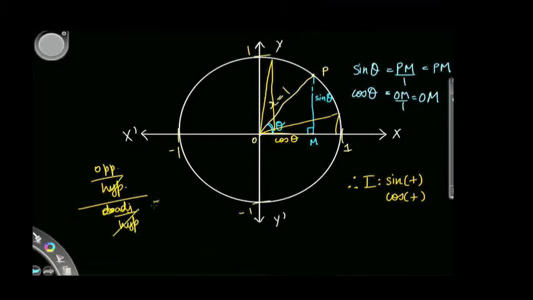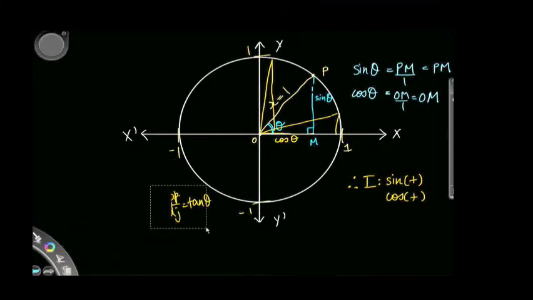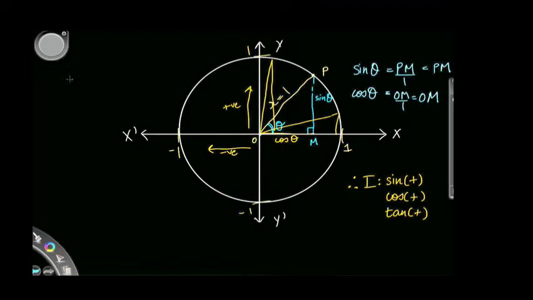So hypotenuse cancels, which gives opposite by adjacent, which is equal to tan theta. Therefore, tan theta is equal to sine theta by cos theta. So tan theta is also positive. Similarly, in the second quadrant, cos theta becomes negative while sine theta is still positive. Therefore, tan theta will be negative.